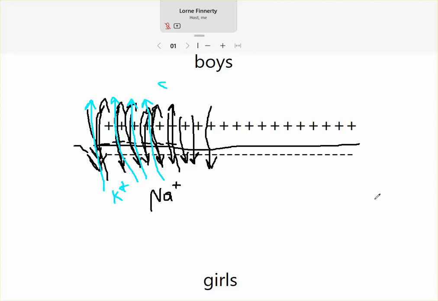Okay, so the membrane, remember, has got these invaginations, the T tubules. And this negative charge continues down here, and the positive charges continue down here.